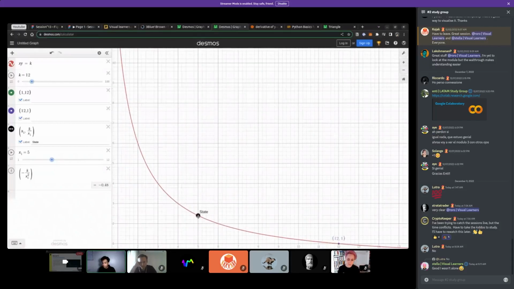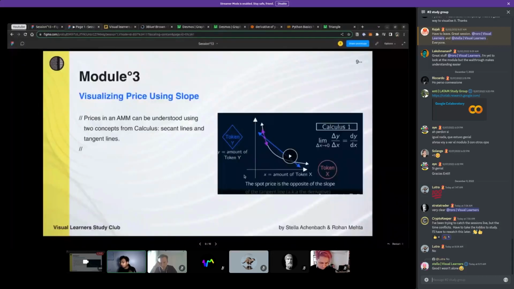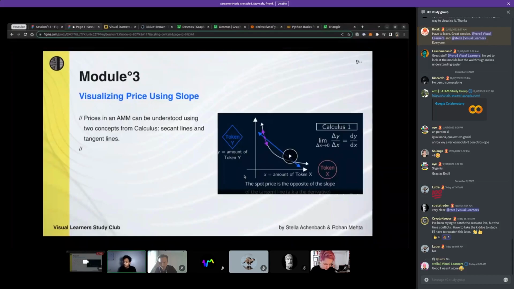We take a tiny infinitesimal step on the curve in this direction, and do the same thing: subtract the y's, divide by the subtracted x's, and that's the slope definition we had, which is basically what calculus is. You're just finding the slope at a point. Delta x is as close to 0 as you can be, infinitesimally small. Then you get the slope at a point, and that is what we're doing.